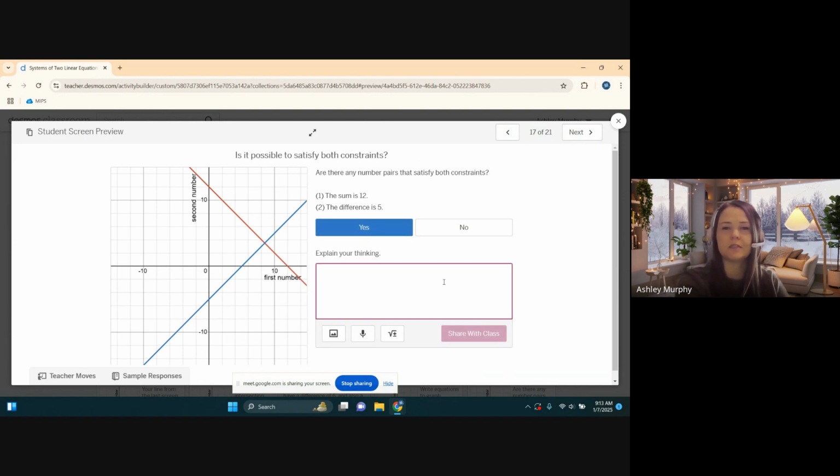So we say yes. There is one solution at the intersection point.